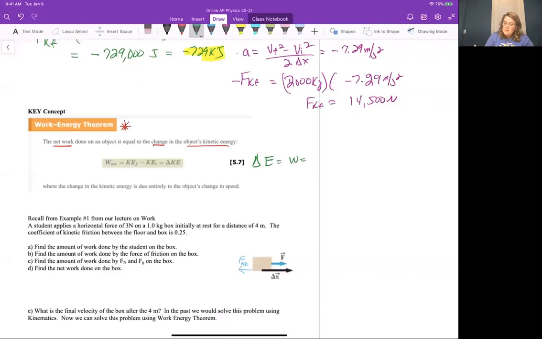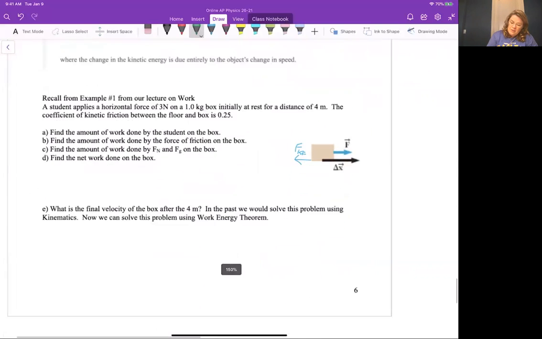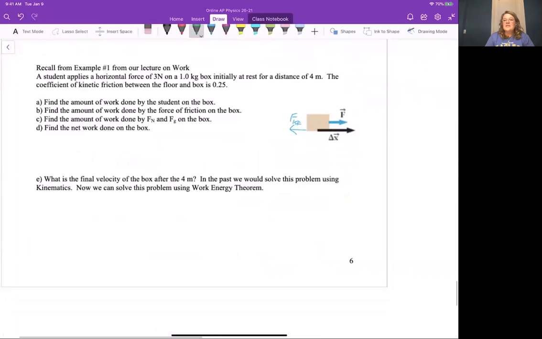What work? Net work. They didn't say that, okay? But it's implied. The change in energy is equal to the total work done on the object. Not sure I like how they present that on your equation sheet, but this is how they present it, okay?